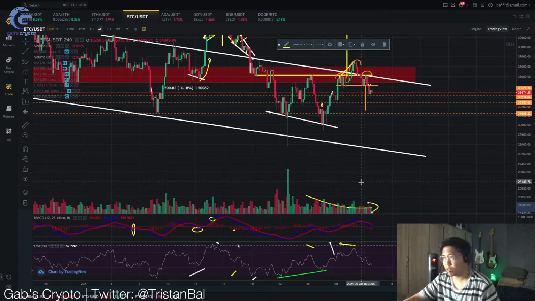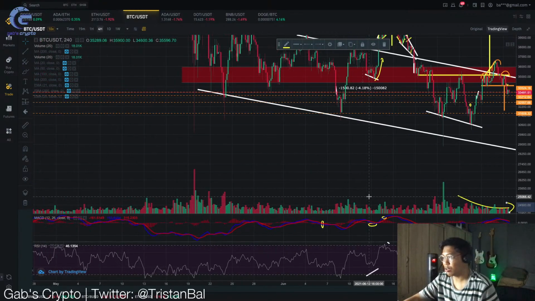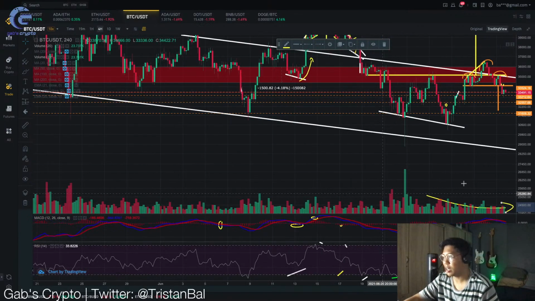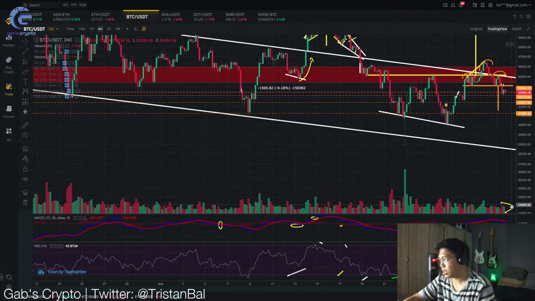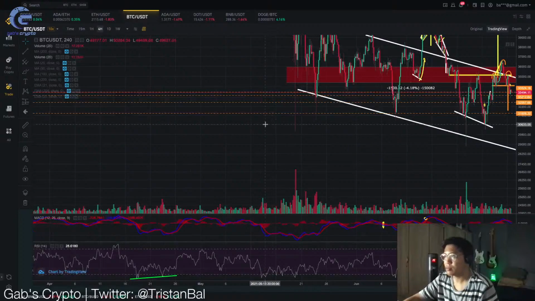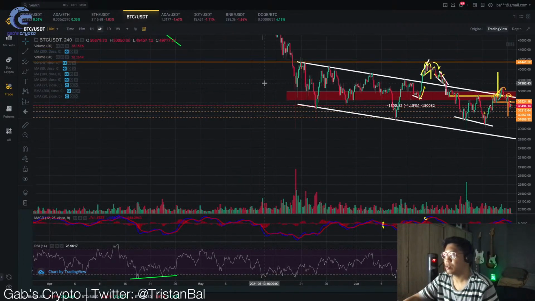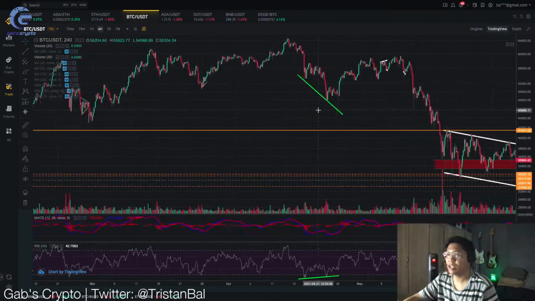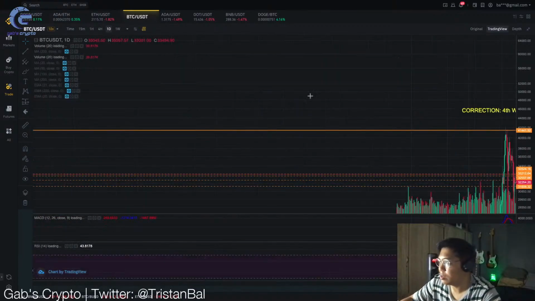And of course, during a breakout, para masabi natin na confirm yung breakout, kailangan natin makita ng volume, di ba? Lagi ko sinasabi. So let's look for an example. Ito actually yung pinakamagandang example dito sa daily time frame.